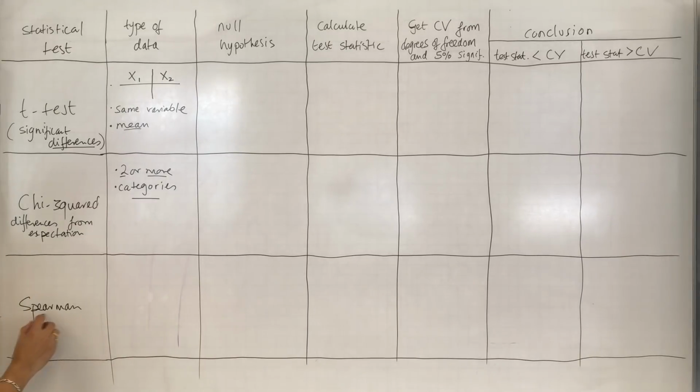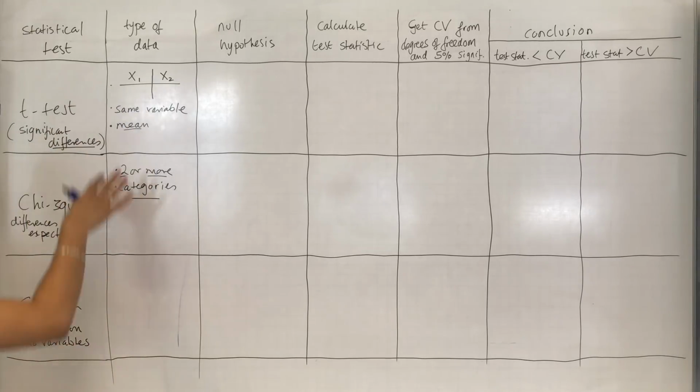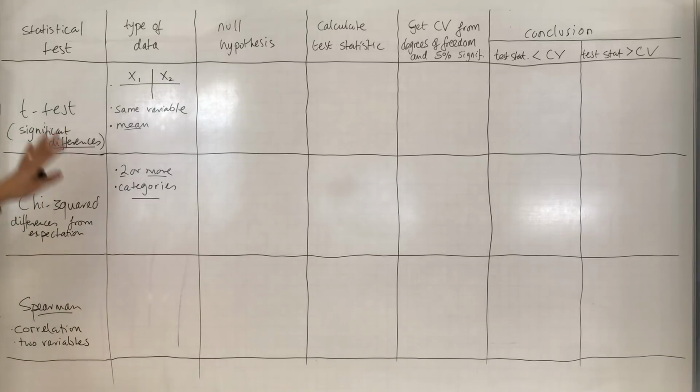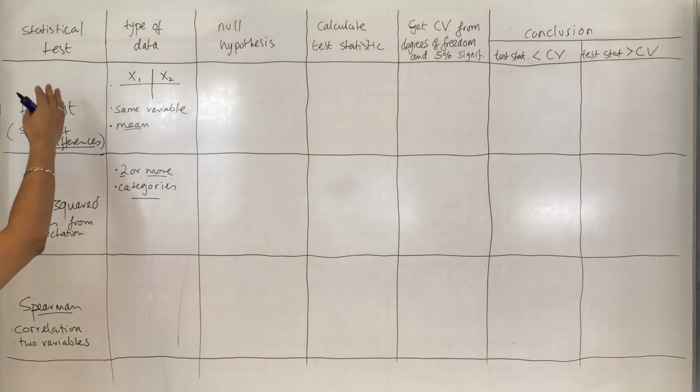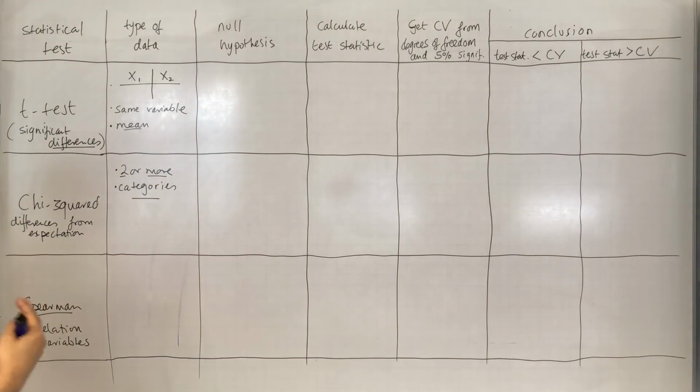Next, Spearman rank, you're usually looking for a correlation, you're looking for a significant correlation between two different variables. So I hope that we're starting, even at this early stage, to see that there's a lot of difference between the tests.